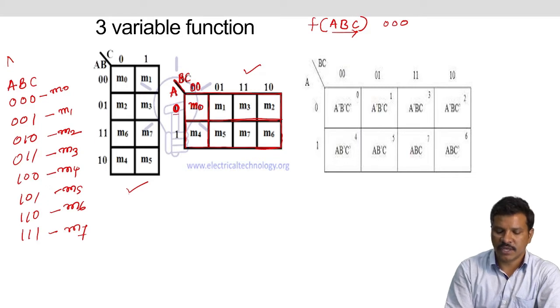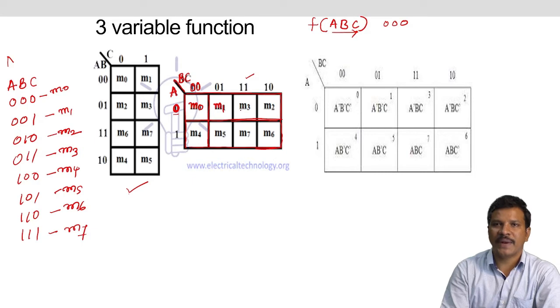And then 0 0 1 means M1. And 0 1 1, whose corresponding minterm is M3. And 0 1 0, whose corresponding minterm is M2.